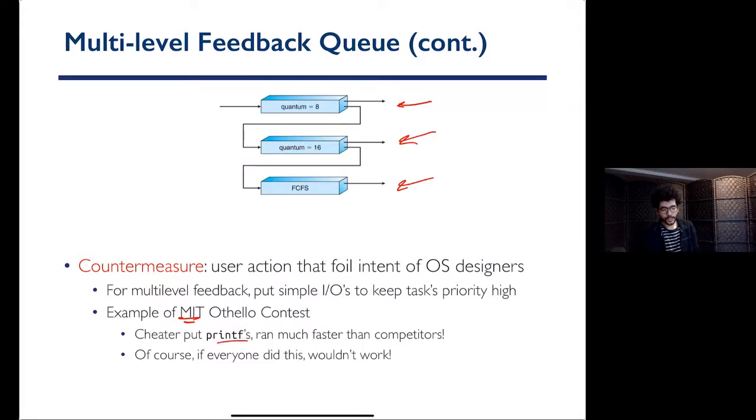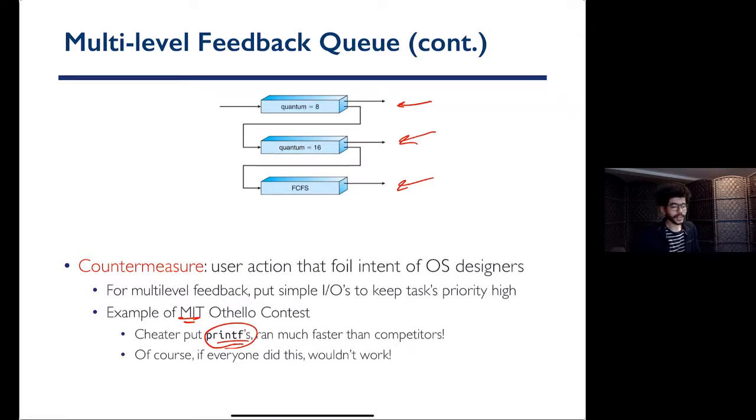They put printfs in their code, and printf is basically IO, right? So every once in a while their code would do a printf, and this printf would elevate the priority of their code. Therefore, their code would get to run on the CPU in this machine more favorably than other contestants.